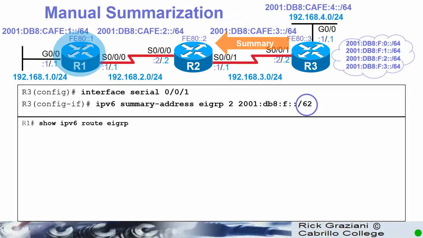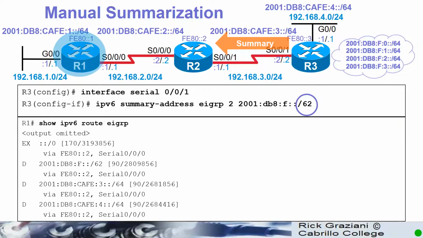Because when you do the math on the summarized addresses, the summary address should be /62. You could also do an IPv6 route, EIGRP, and then again you're going to see the appropriate summary address being sent to the other neighbors.